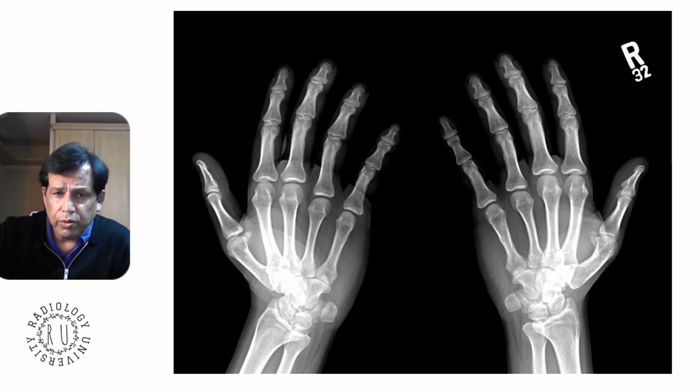I cannot see any erosions, I cannot see any soft tissue calcification in the distal areas. Then you go to proximal, and then you see this TFCC calcification. So this is with a painful joint and TFCC.